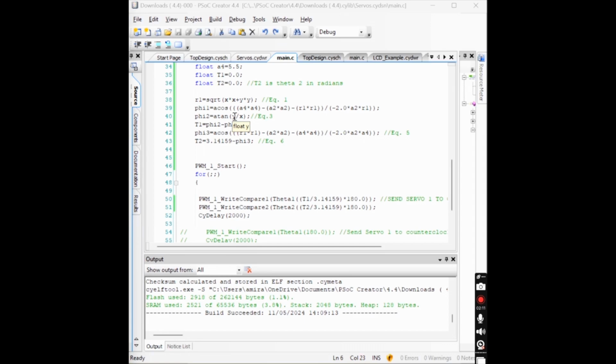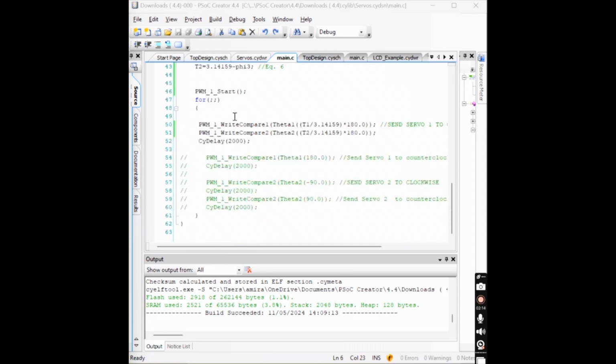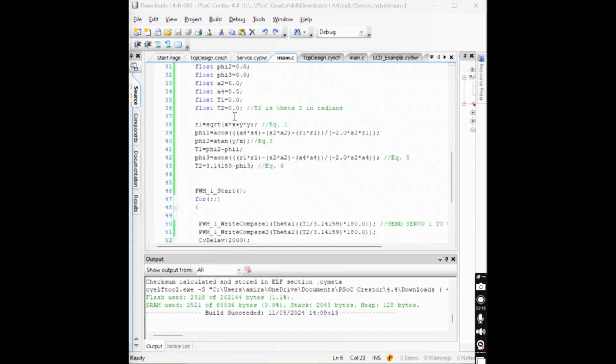I calculate the straight line distance to the end effector position, R squared equals x times x plus y times y. For another line, phi 1, phi 2, and phi 3 are intermediate angles derived from the geometry of the arm using trigonometry for inverse kinematics. And T1 and T2 are the main joint angles derived from the calculated angles to achieve the end effector position.